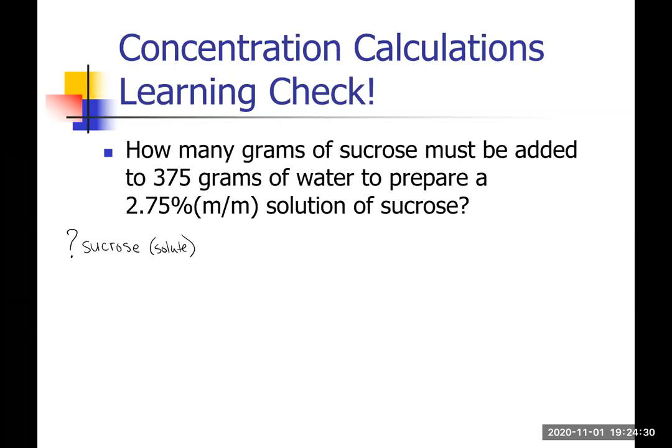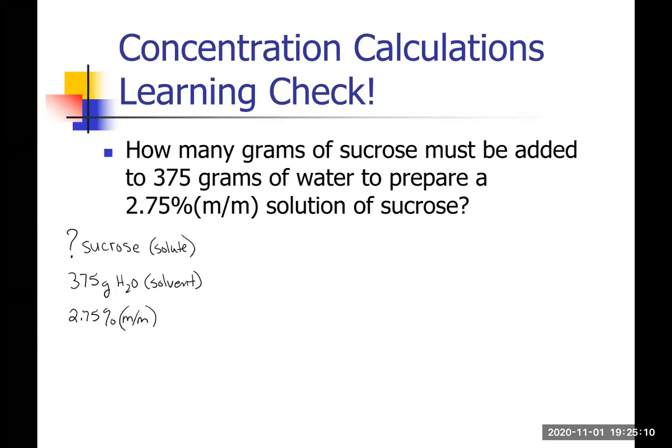And then it says I have 375 grams of water, and so the 375 grams of water is my solvent. And I have a solution that is 2.75% by mass sucrose. Okay, so that's all the information that I have from this problem.